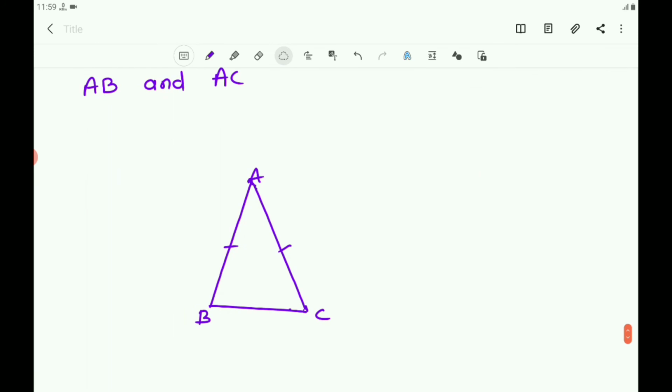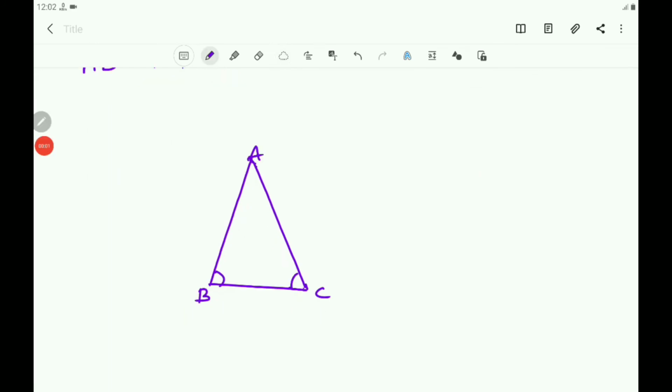Here in triangle ABC, angle B equals angle C. Therefore here you can observe that AB is equal to AC. AB and AC are the sides opposite to equal angles. They are equal.